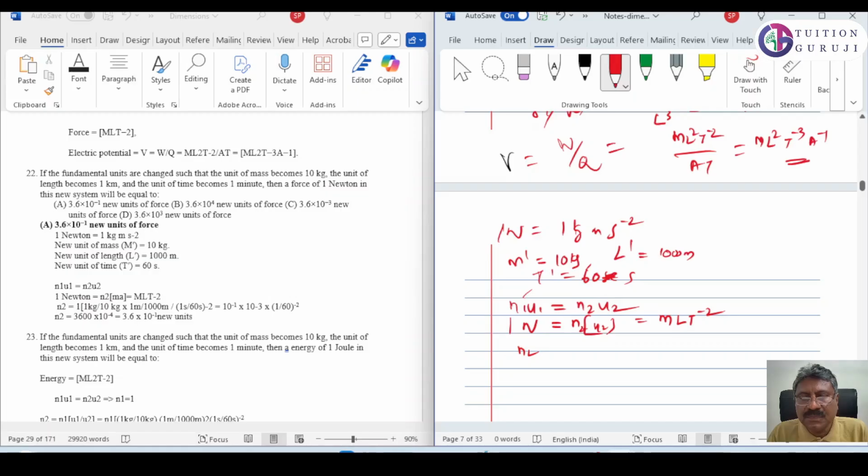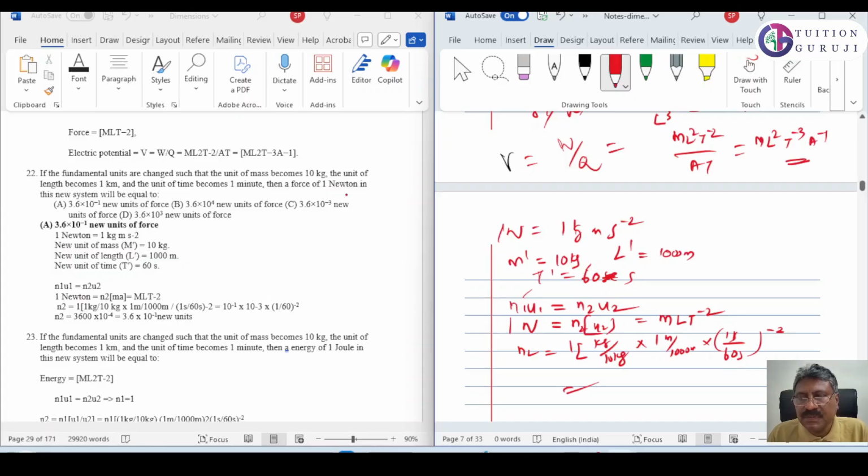So n2 is equal to 1 kilogram by 10 kg, into 1 meter by 1000 meter, into 1 second by 60 second raised to minus 2.